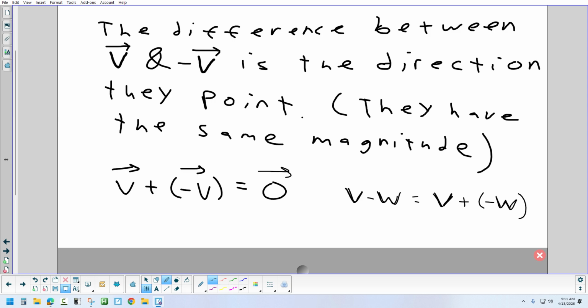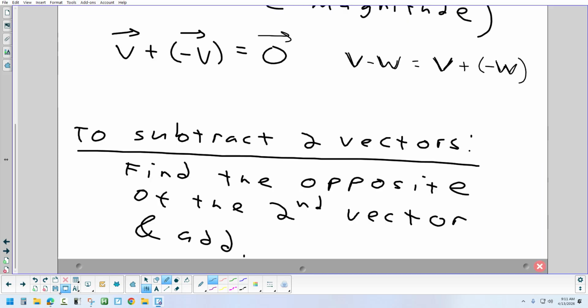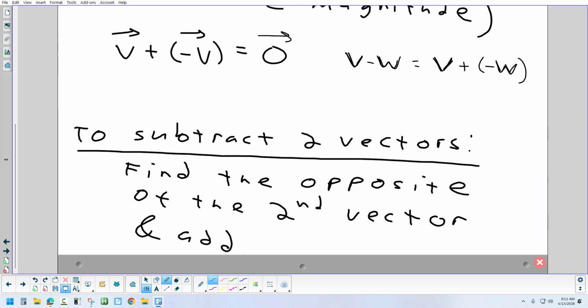So it's the same way you could do it with numbers. If you don't understand how to do 2 minus 3, you could do 2 plus the opposite of 3, and you get the same result using addition with a negative. So that is how you subtract two vectors. Take the second vector, find the opposite of it, and then add.